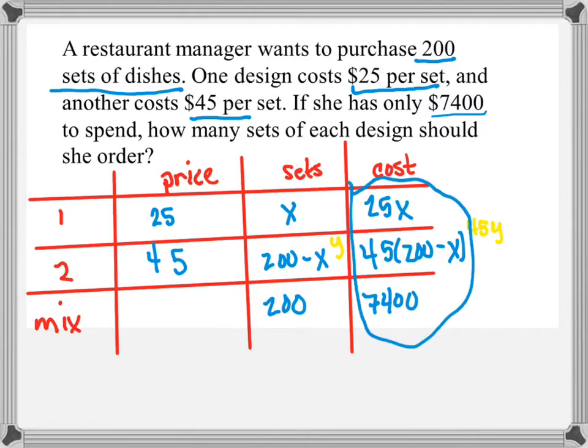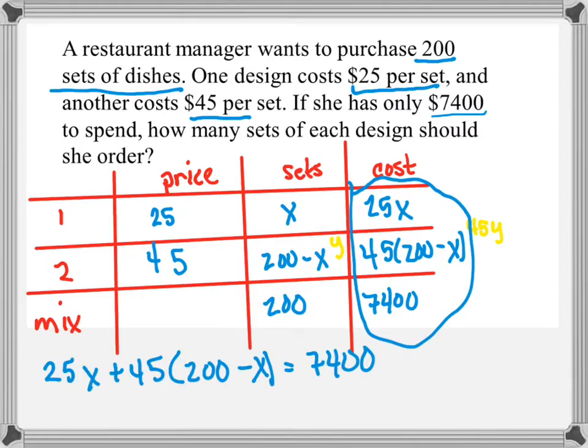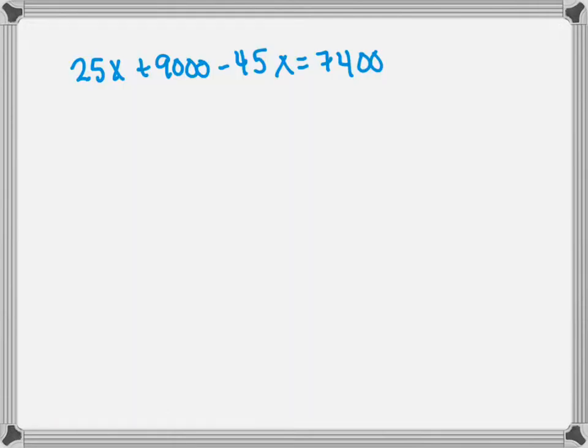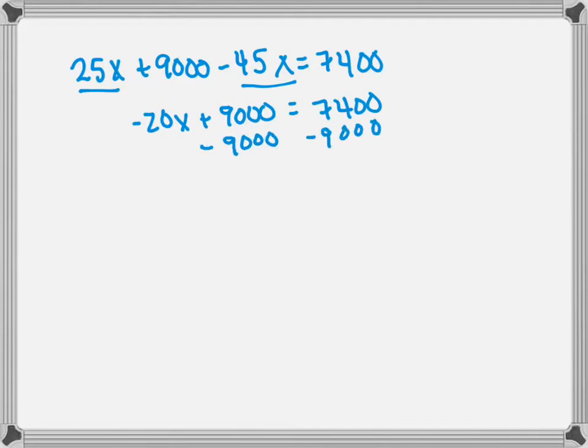Okay, I'm going to use that third column to set up my equation. 25x plus 45 times 200 minus x equals 7,400. I'll multiply: 25x plus 9,000 minus 45x equals 7,400. On the next slide, I'll combine my x's. I'll get negative 20x plus 9,000 equals 7,400. I'll subtract 9,000 from both sides.